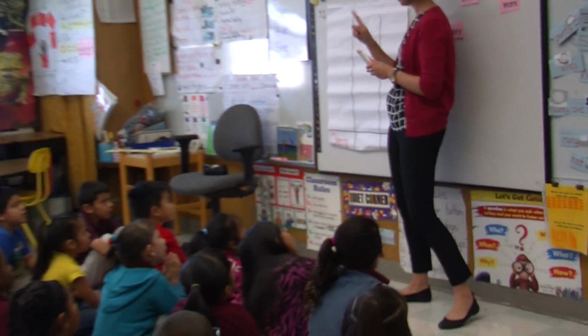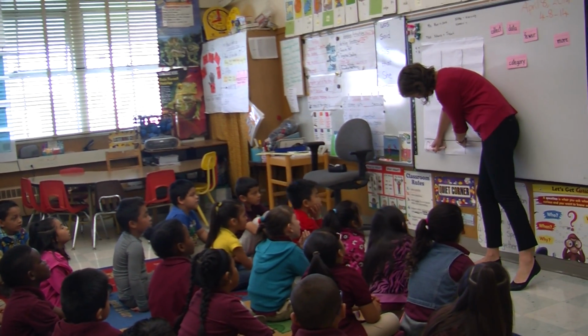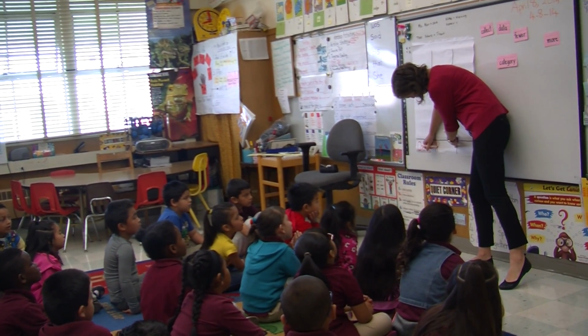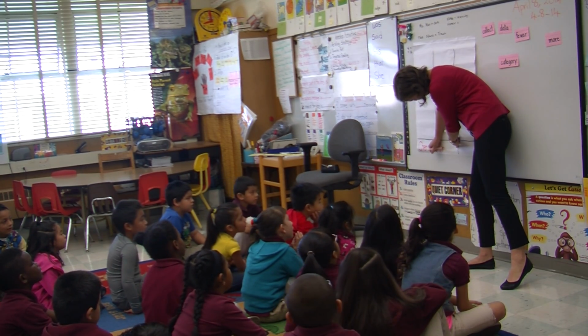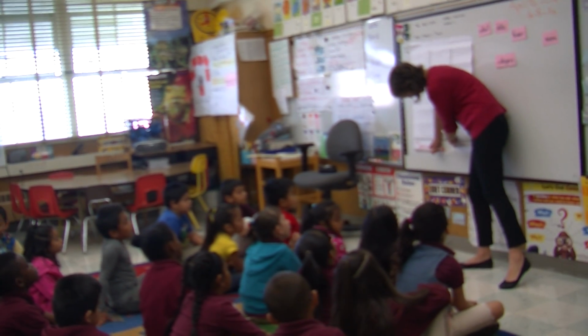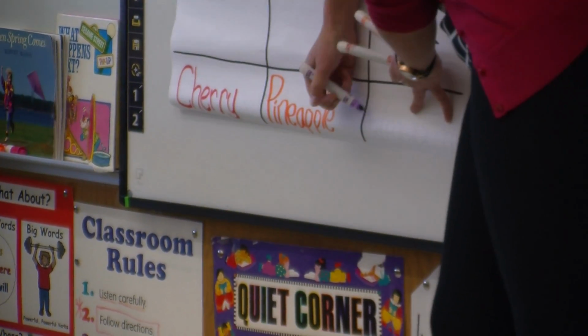You forgot the last word. I'm going to do one cherry. Good observation though. All right, and pineapple. And did I say grapes? No, what's the other fruit we're going to try? Strawberries.